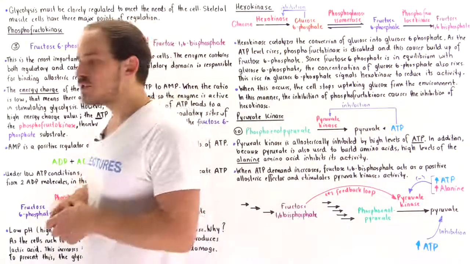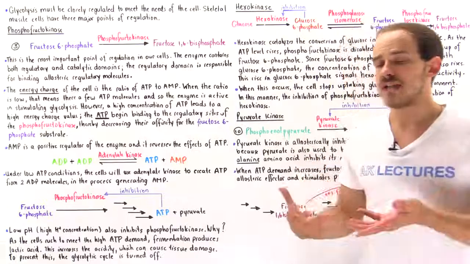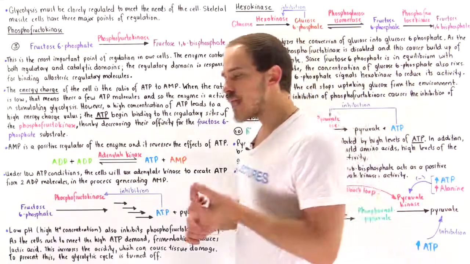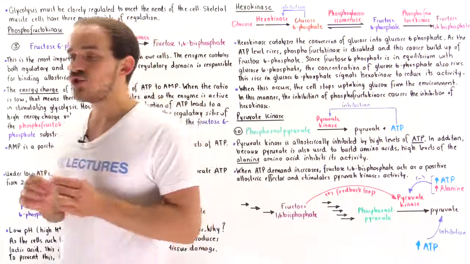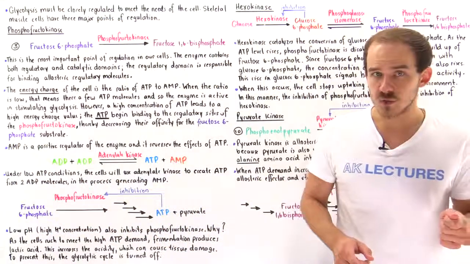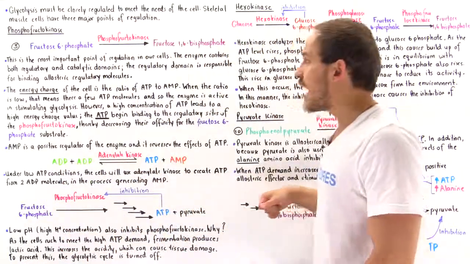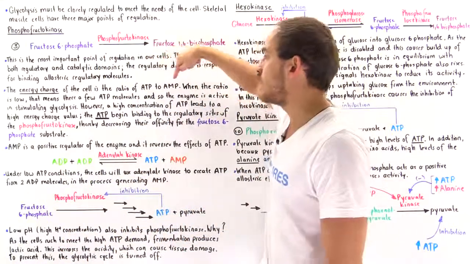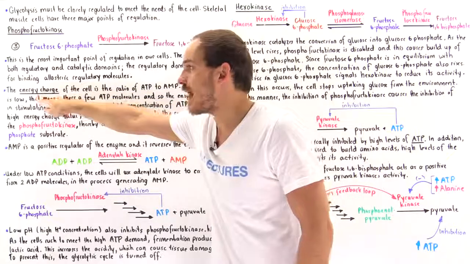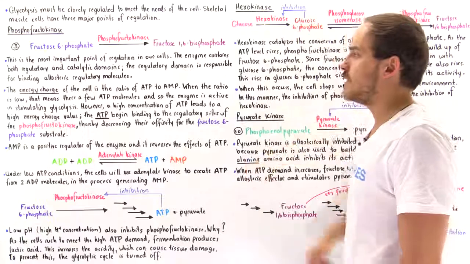Well, before we look at these molecules, let's define something called the energy charge of a cell. The energy charge of a cell is basically the ratio of ATP molecules to AMP molecules. So if the energy charge of the cell is high, that means we have a high ATP value relative to AMP. If the energy value is low, we have a low ATP ratio relative to AMP.